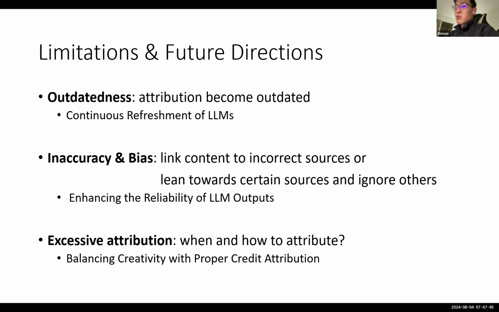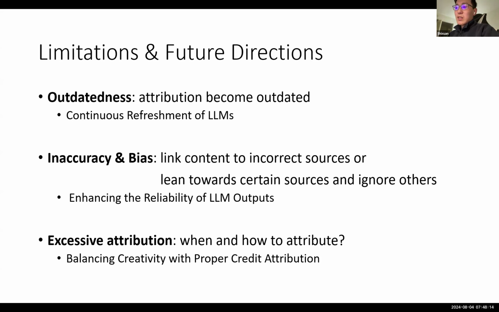One potential direction to solve this problem is to continuously refresh your large language model. You can either refresh the memory of your large language model, or refresh the source of attribution it is accessing. Another limitation is the inaccuracy and bias of the attribution.